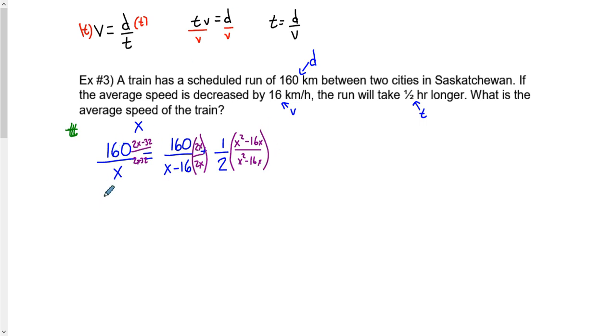Now we distribute. We have 320x, subtract the 160 by 32, 5120, and be all over a 2, an x, and an x subtract 16.